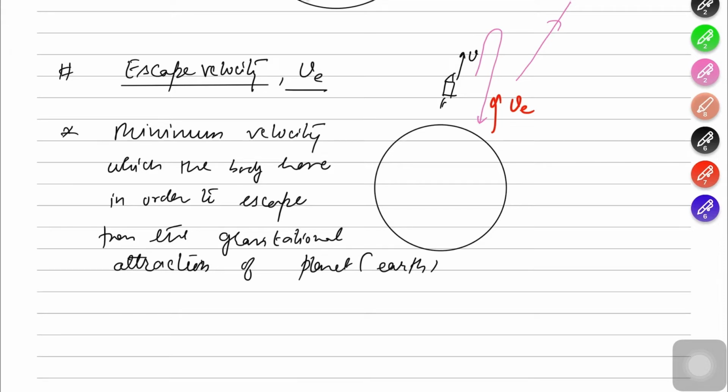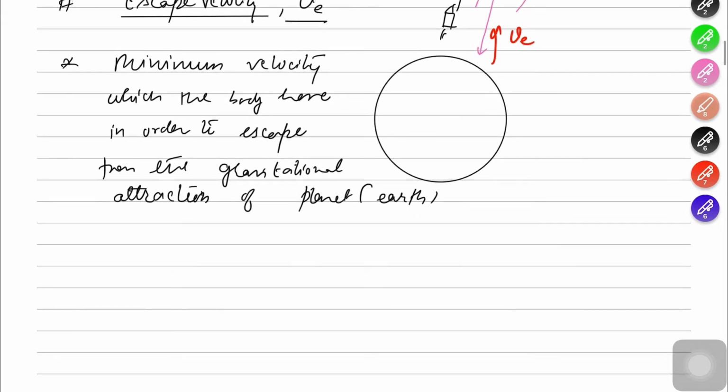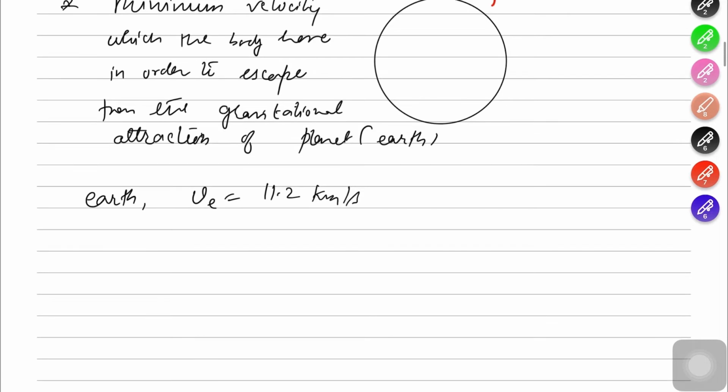Normally most of the planets have some escape velocity. For example, Earth has an escape velocity of around 11.2 kilometer per second. So if we project any object from the Earth at a speed of around 11.2 kilometer per second, then it will never come back towards the Earth.